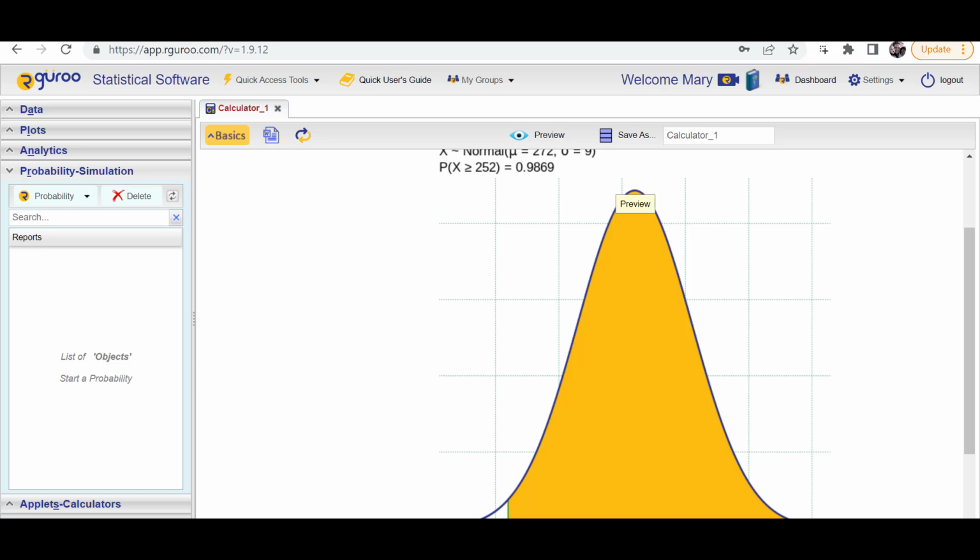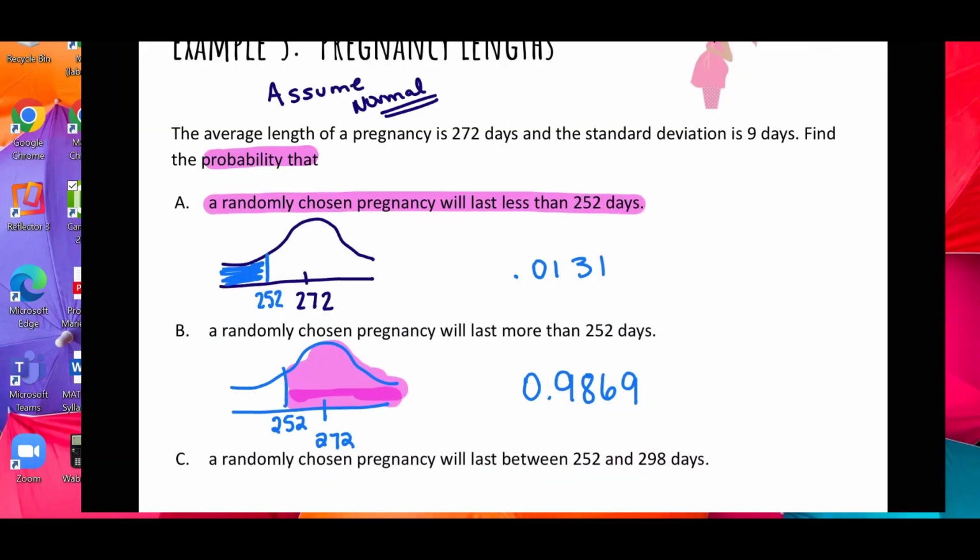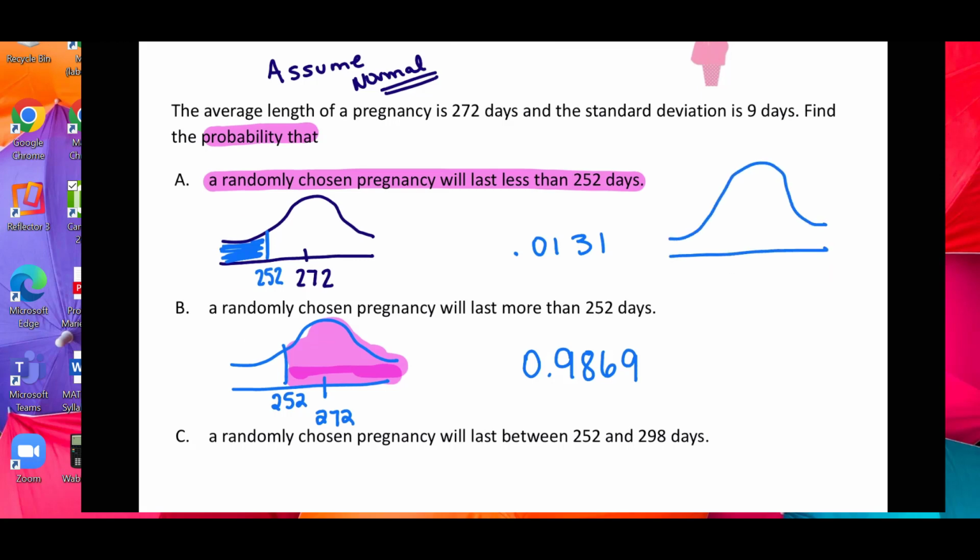So I do want to show you something real quick. If I were to draw this here, and then here's your 252. The area to the left we found was 0.0131, and to the right is 0.9869.